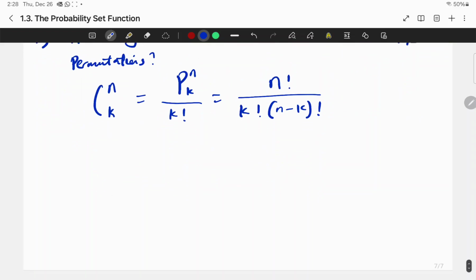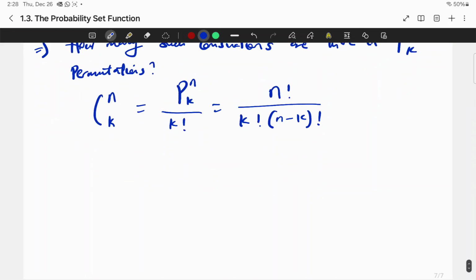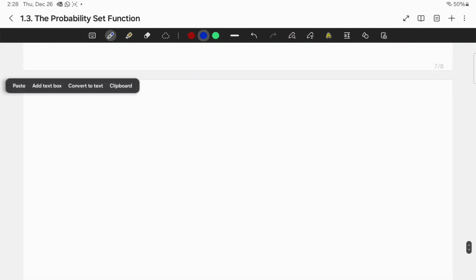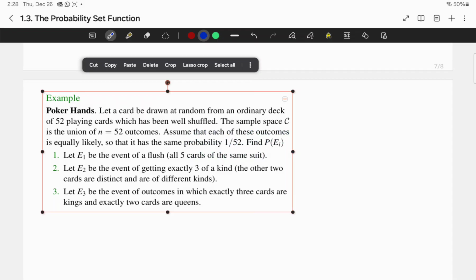So let's check some basic examples. So we have this. We call this a poker problem.